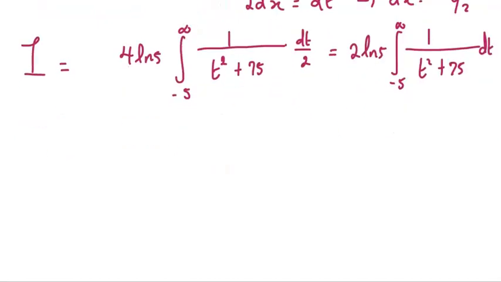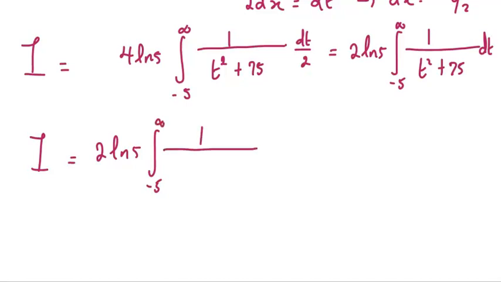So from here, I is equal to 2 ln of 5 multiplied by integral from negative 5 to infinity. This is 1 divided by, this is t squared plus 75. You can write it as a square of number, which is root of 75 whole squared, and then dt.